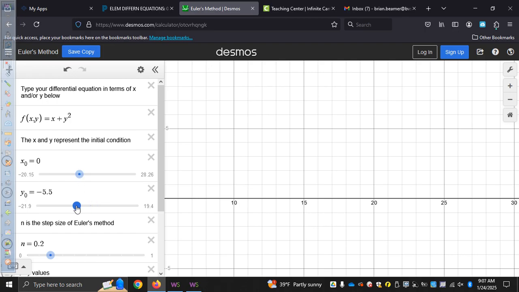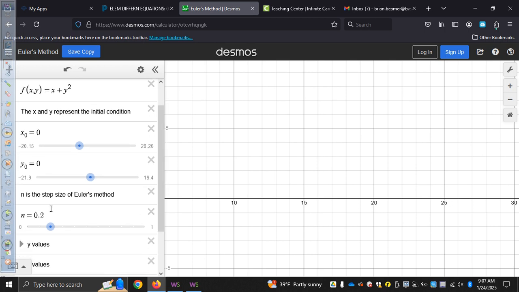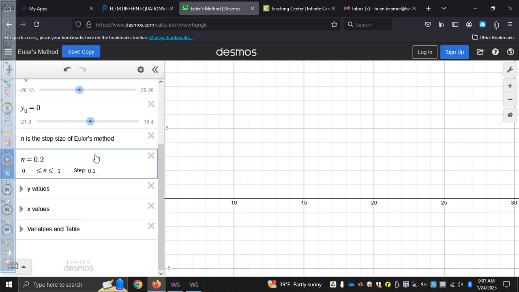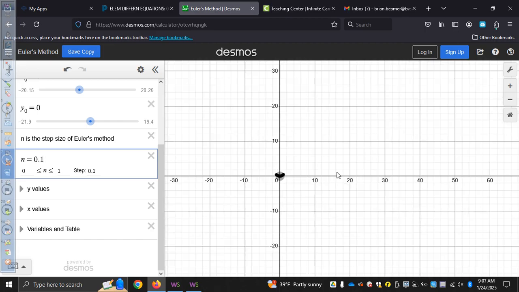Y0, I'll set to 0. And h, it says n is the step size. We're going to do 0.1. And let's see, do I need to zoom? There we go.